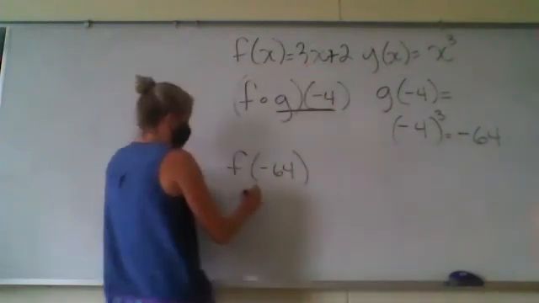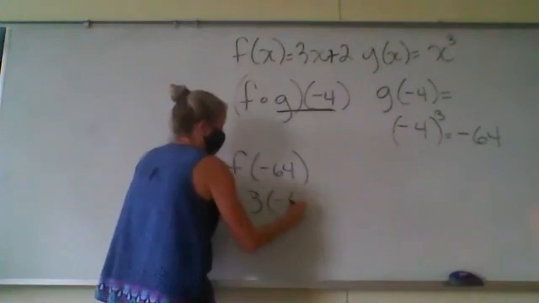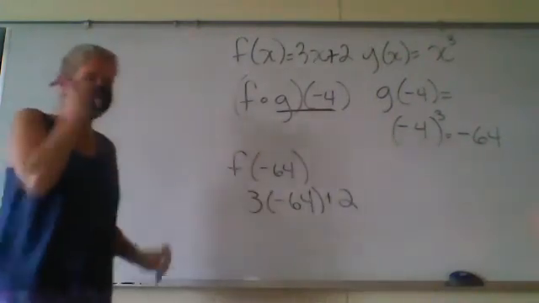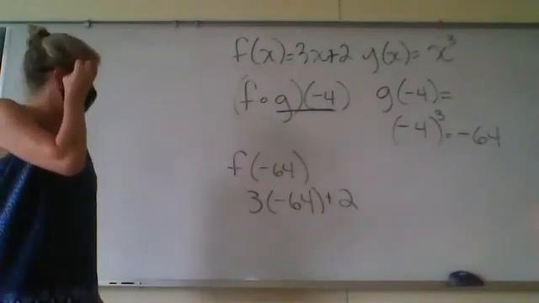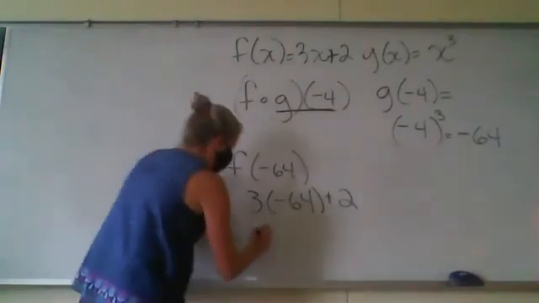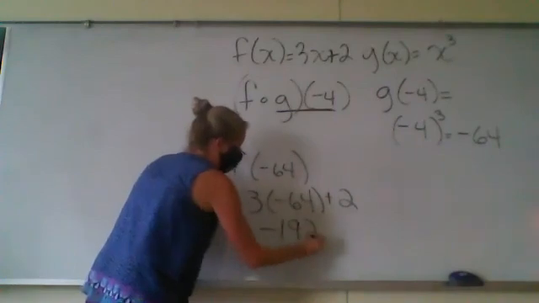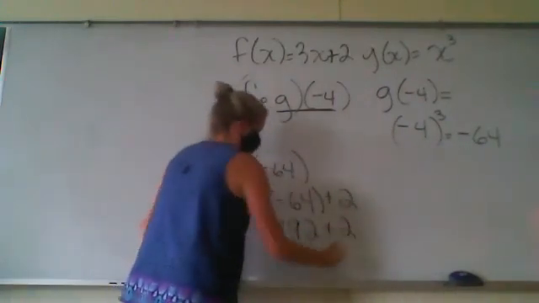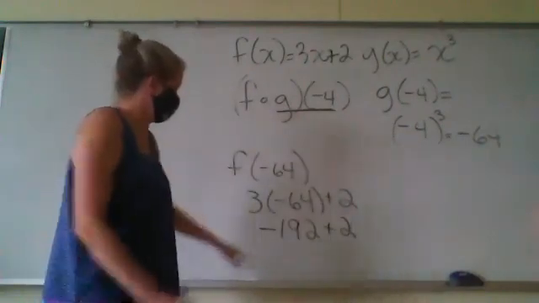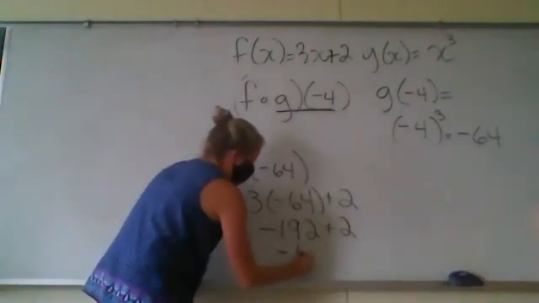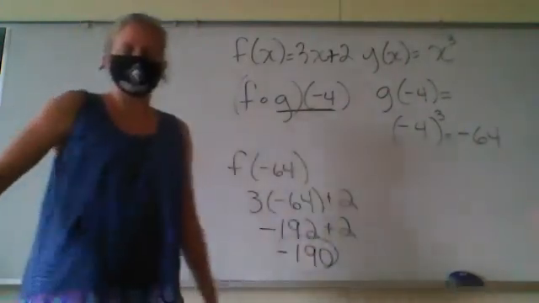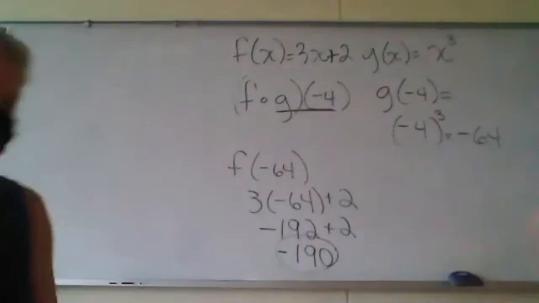So if I do that, I'll have 3 times negative 64 plus 2. Well, 3 times negative 64 gives me negative 192. Bring down my plus 2. And negative 192 plus 2 gives me negative 190. Okay? Now, the problems start changing on this section after that.